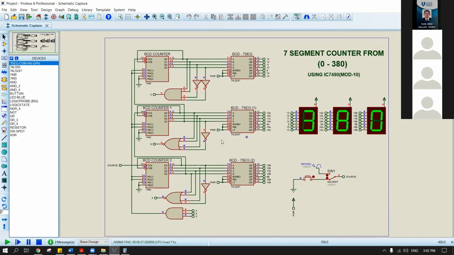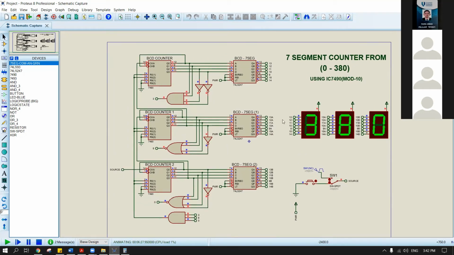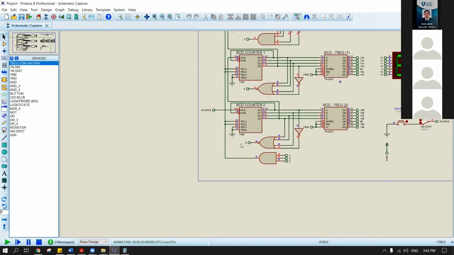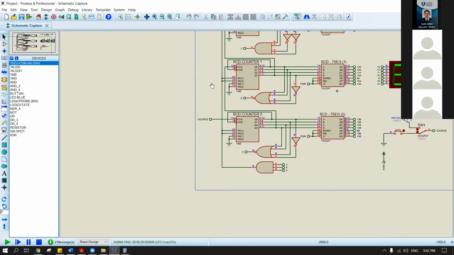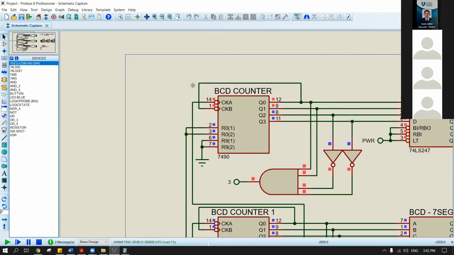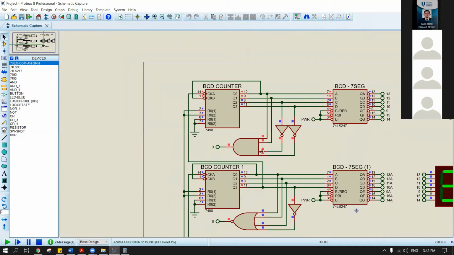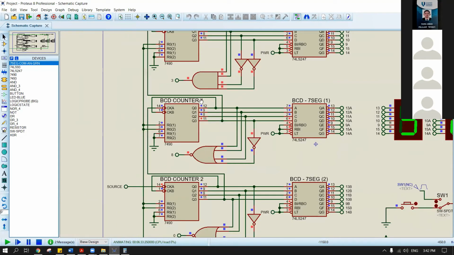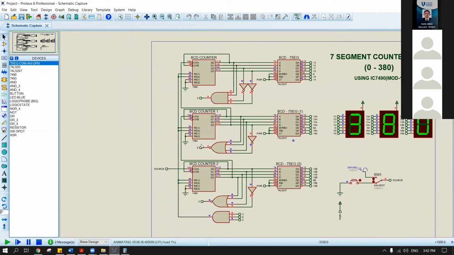So next is the function of this. We have the output from the IC, from the gate 380. Then I put all the output combined to the AND gate, because this will reset the IC.